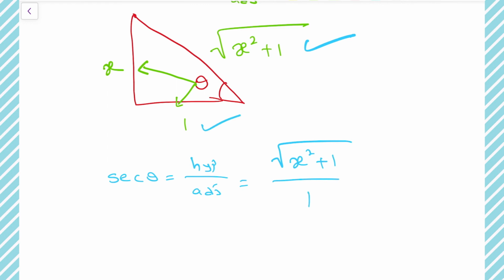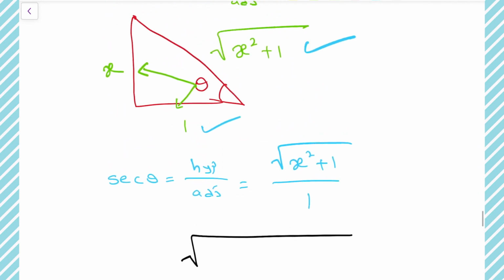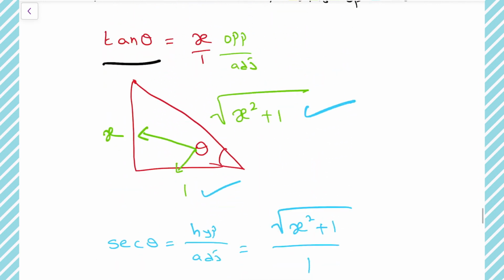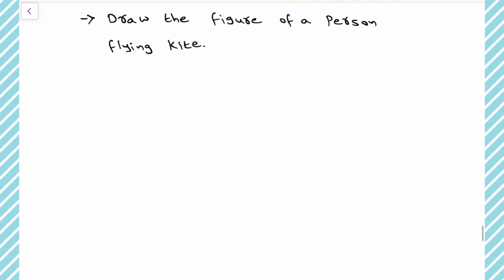Anyway, in the denominator 1 doesn't have any value, so I can write it as just under root x square plus 1. The x value we took as tan theta, right? So in the place of x, writing tan theta, we have x square becoming tan square theta plus 1 as usual. So secant theta is equal to under root tan square theta plus 1.